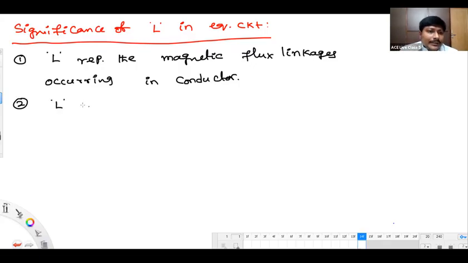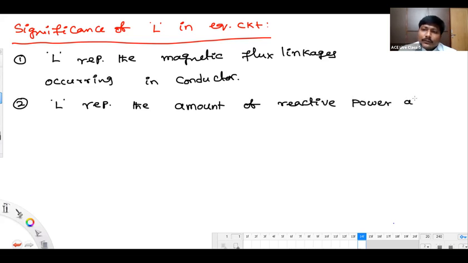So L represents the amount of reactive power absorbed by the transmission line under steady state.